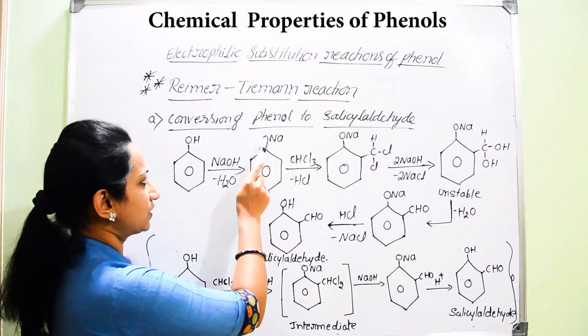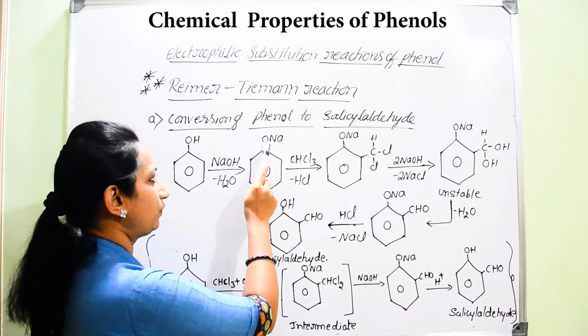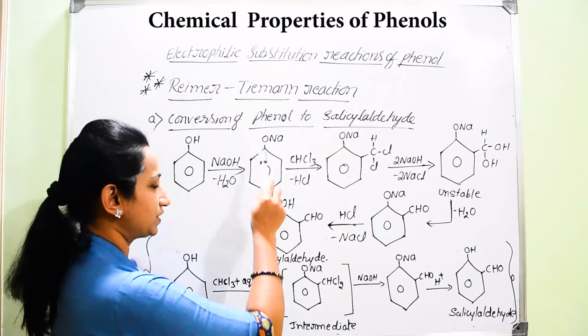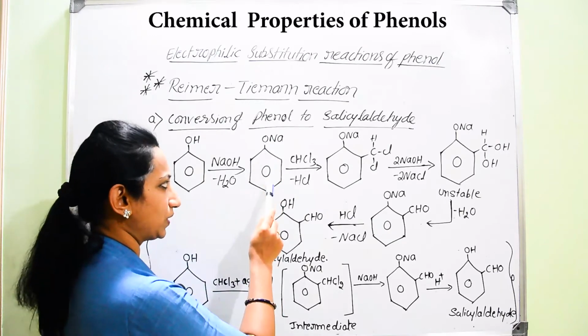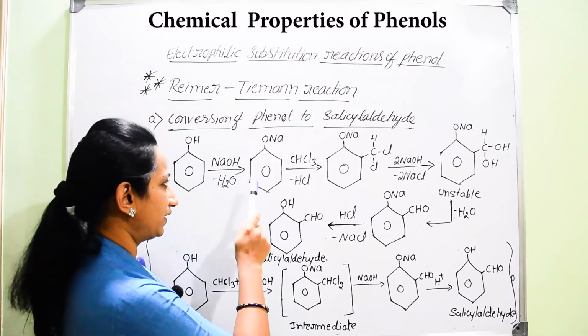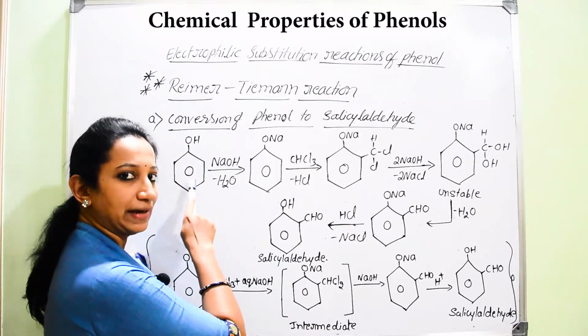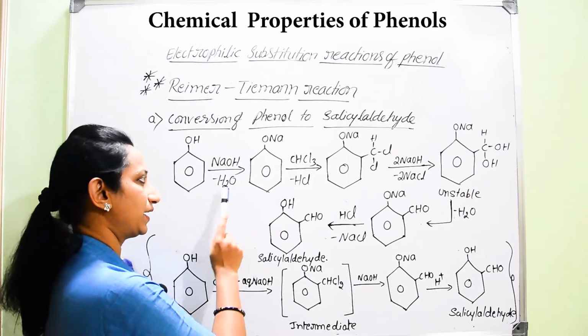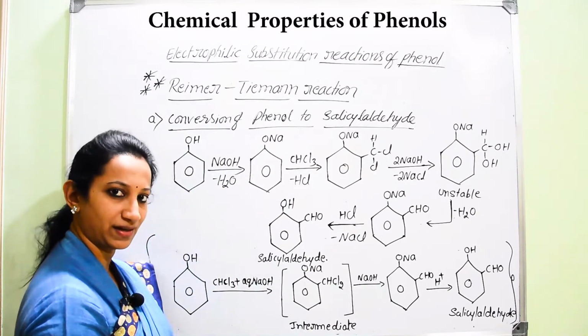So that oxygen is bonded to the aromatic ring. Now we get the formation of the product, sodium phenate. So in the very first step, phenol interacts with sodium hydroxide to give sodium phenate.